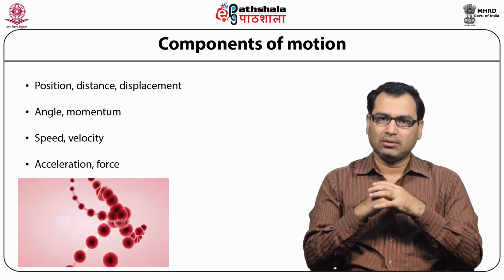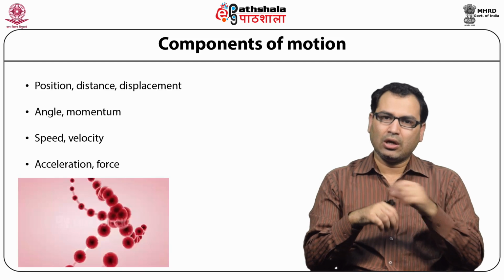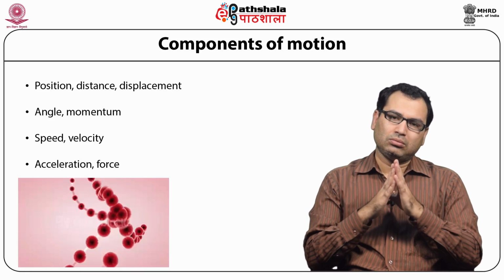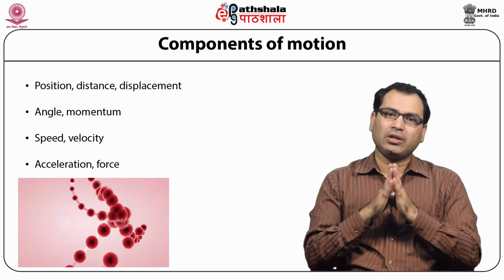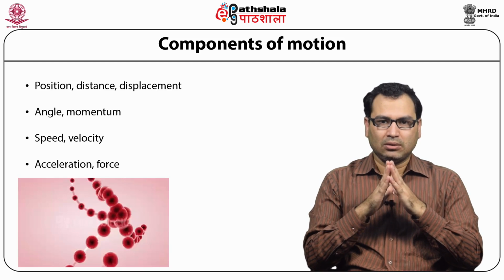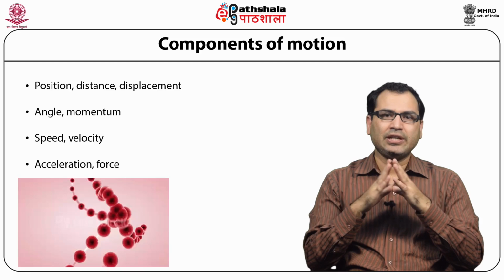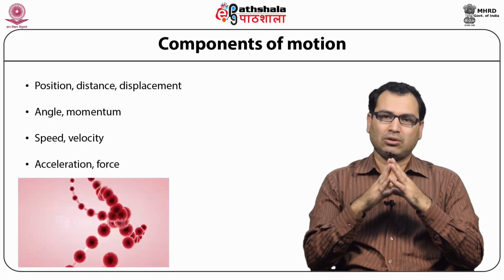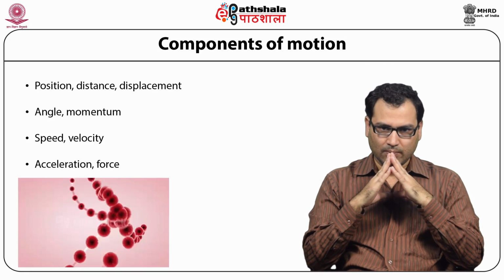For example, you have these red blood cells in your blood. They are always in motion. Now observe closely one red blood cell. Sometimes it is moving along a linear path, sometimes it is taking a different path which is different than linear. So it has not only linear momentum and speed, it has velocity also because it is changing the direction of its motion.